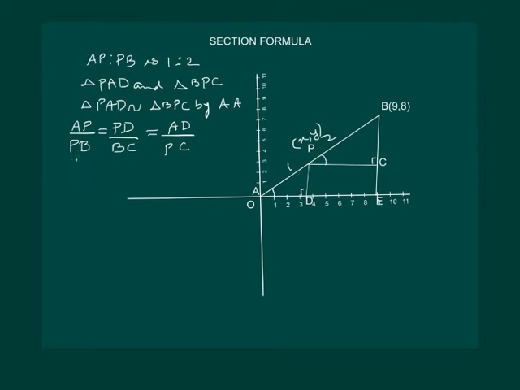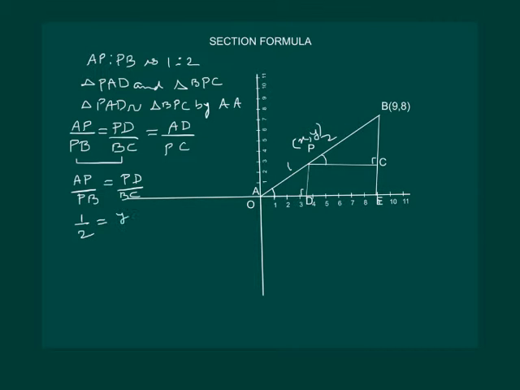Let us take them two at a time. We have AP by PB equal to PD by BC. AP by PB is known to us.